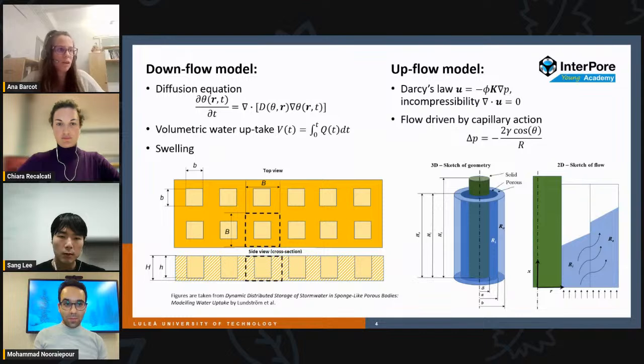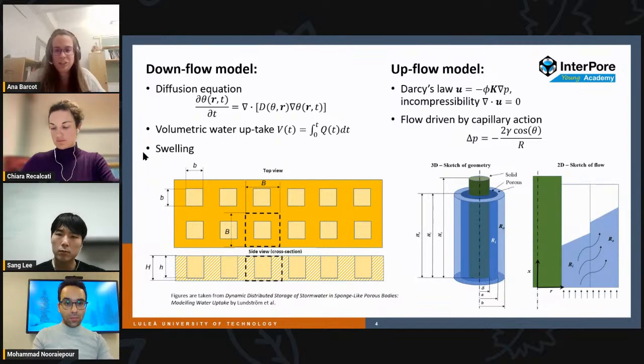Further, when it comes to the numerical modeling, particularly when it comes to the absorption capacity, the larger the interface surface area is, the better the absorption is.